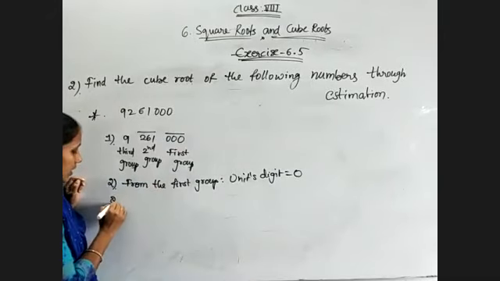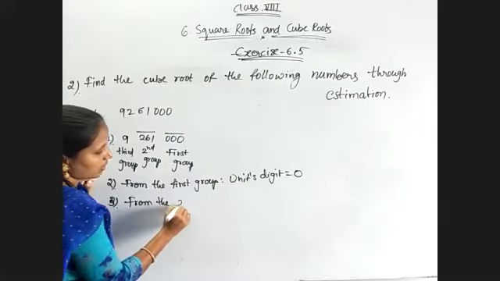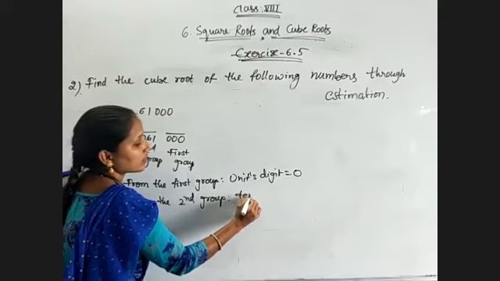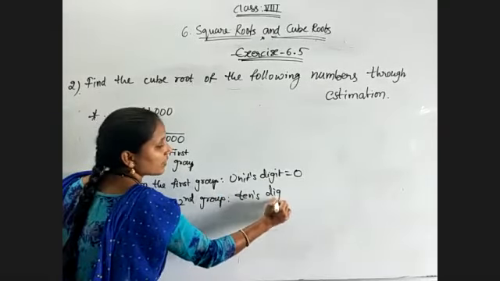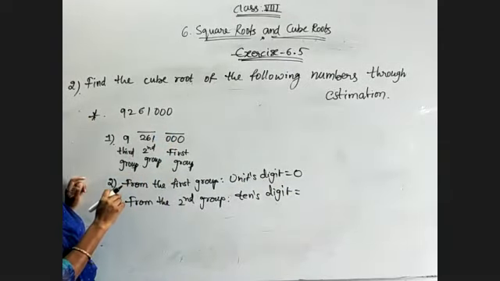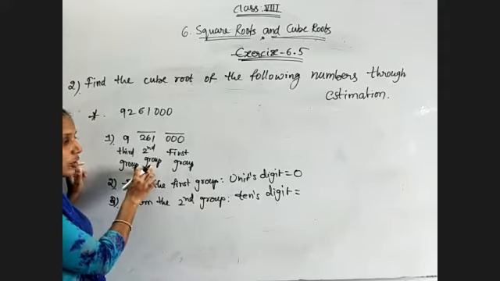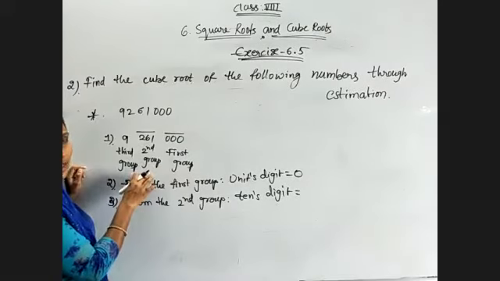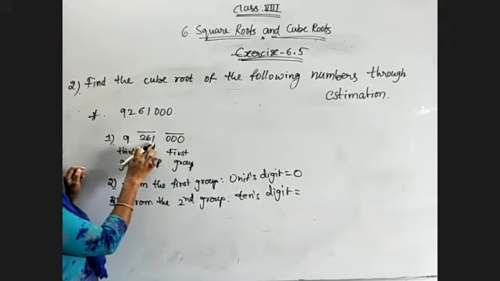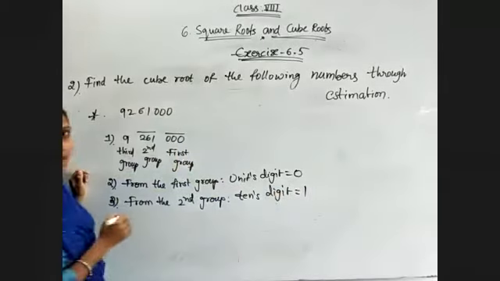And third step, from the second group, the tens digit. Till now, what we did was see between which cube values the number lies. But for this, because we are having 3 groups, for the second group also, like the first group, we need to decide. Here the last digit of this group is 1. So 1 has cube root also 1 only. Means we will get the tens digit as 1 itself.